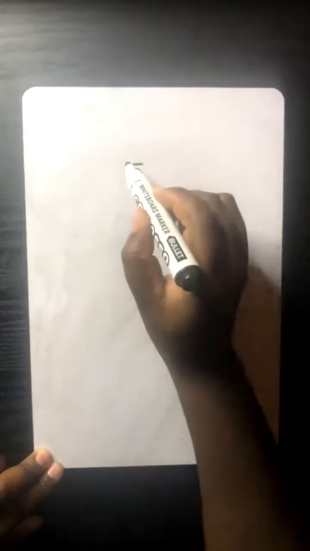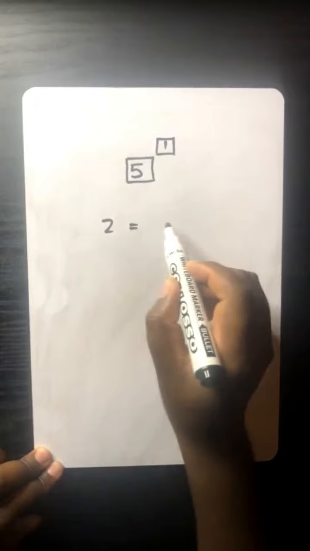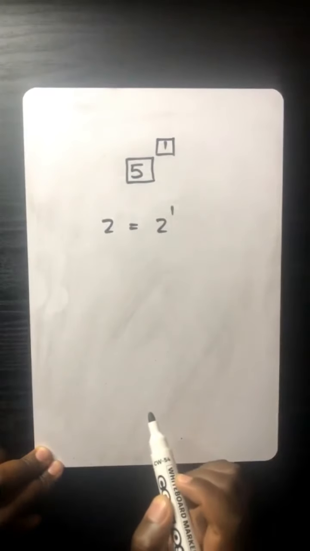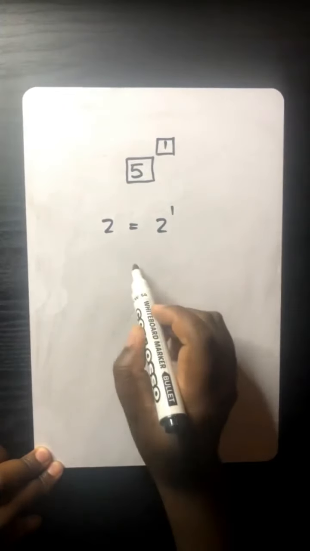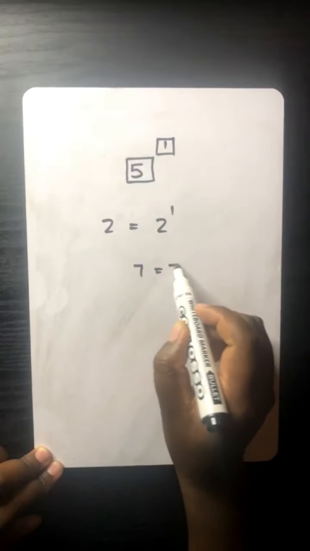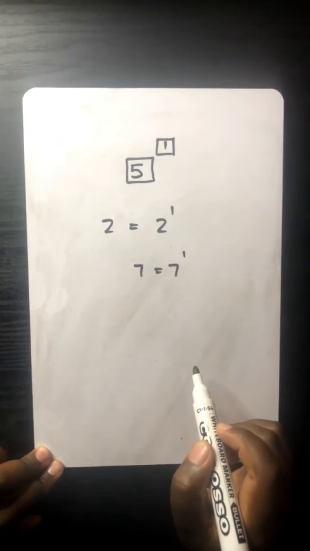So guys, remember, if you've got number 5, and again it has an exponent, which is 1. So if you have 2, this is the same as 2 to the exponent 1. If you've got 7, guys, this is the same as 7 to the exponent 1.